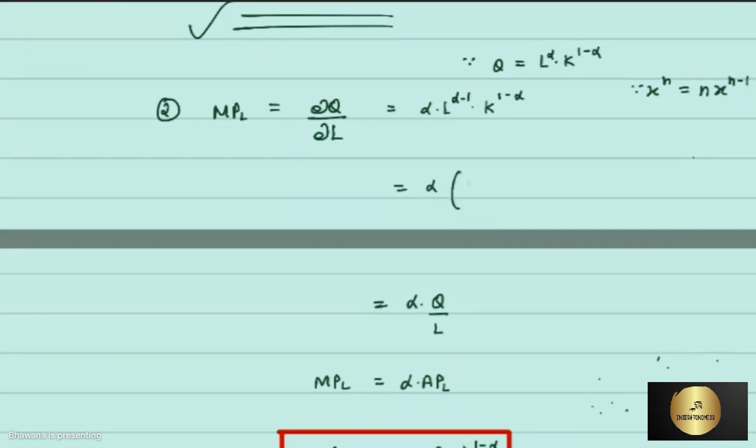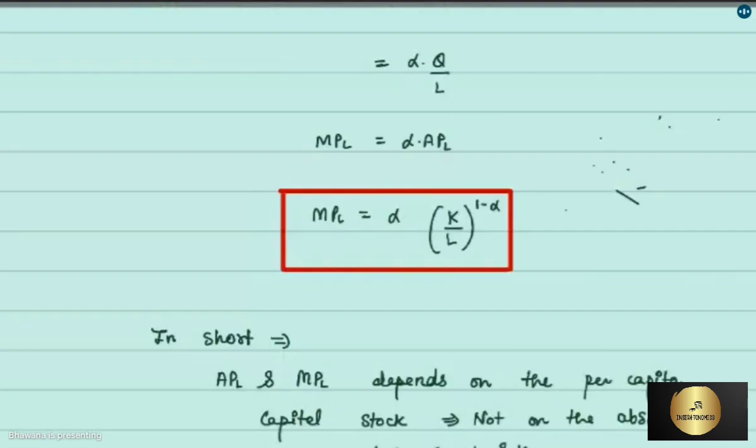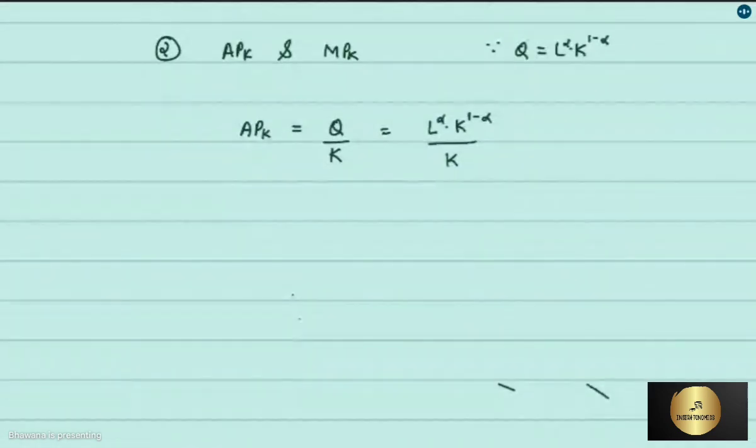So when you solve it, you will get α K by L K^(1 minus α). Okay, so you will get Q by L.